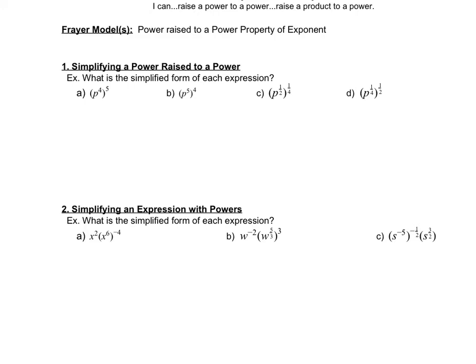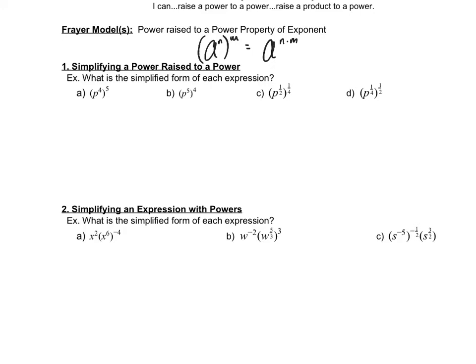As we work with a power raised to a power, if we have a to the n raised to the m power, that is equivalent to a raised to the n times m power, because when raising a power to a power, we multiply those exponents.